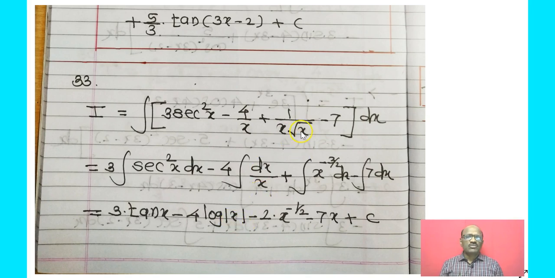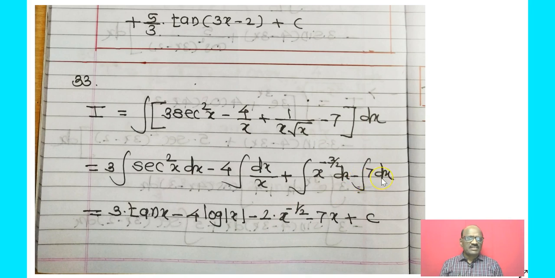Now here is x into root x. Then what is the power? This is 1, this is 1 upon 2. 1 plus 1 upon 2 becomes x raised to 3 by 2. Take to the numerator, its power will become minus. And the integral of this is x raised to minus 3 by 2 plus 1, which becomes minus 1 upon 2, divided by minus 1 upon 2, and it becomes reciprocal and becomes minus 2.